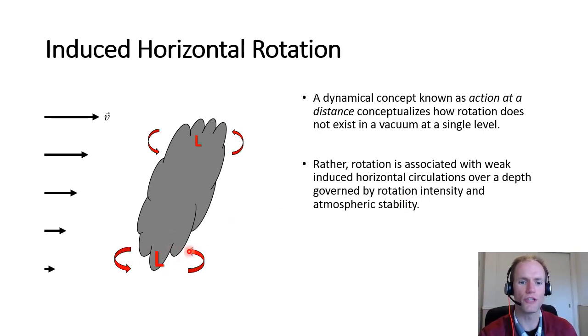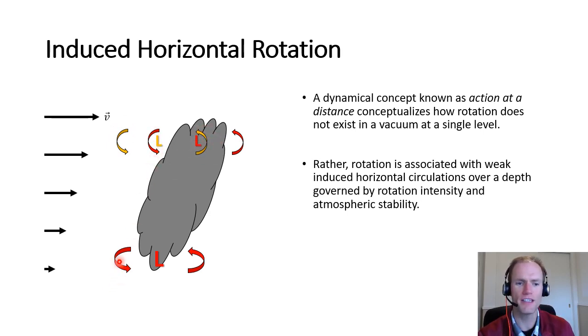Likewise, this low-level circulation is also going to be associated with an induced horizontal rotation that extends downward and upward over a depth governed by its intensity, as well as the atmospheric stability conditions. So we'll conceptualize this here at low levels with this yellow rotating feature here with an L depicted here.